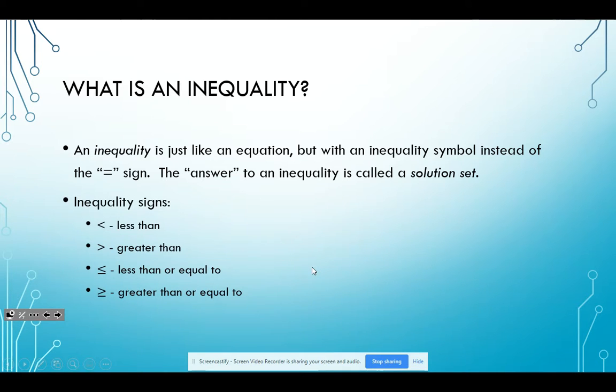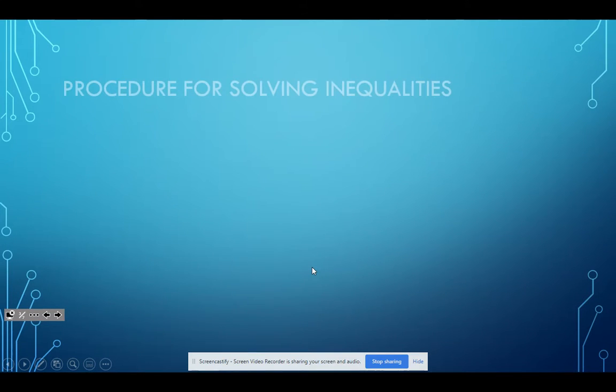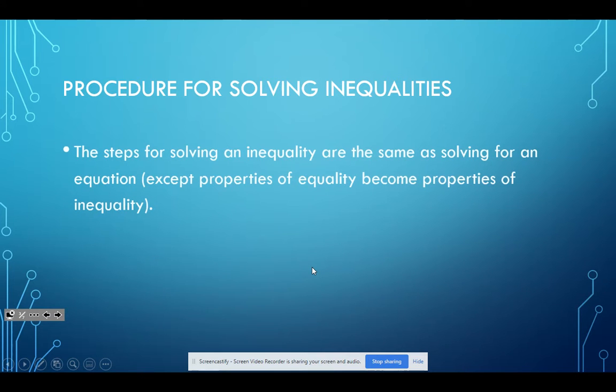The four inequality signs that are necessary for you to know are as follows: less than, greater than, less than or equal to, greater than or equal to. The procedure for solving inequalities is exactly the same as one for solving an equation, with the exception of the fact that the properties of equality now become the properties of inequality.